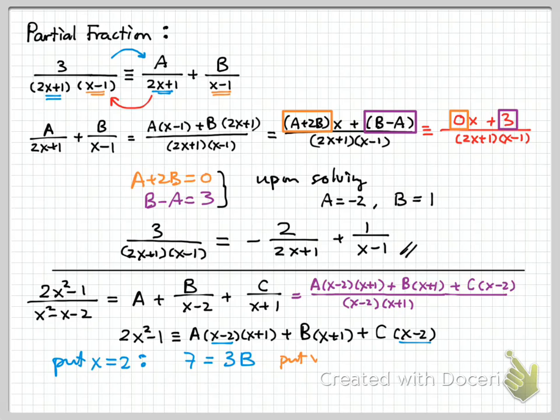Likewise, putting x equals minus 1, all the x plus 1 terms disappear. So we have 1 on the left hand side equals minus 3c. So from here we have b equals 7 over 3 and c equals minus 1 over 3.